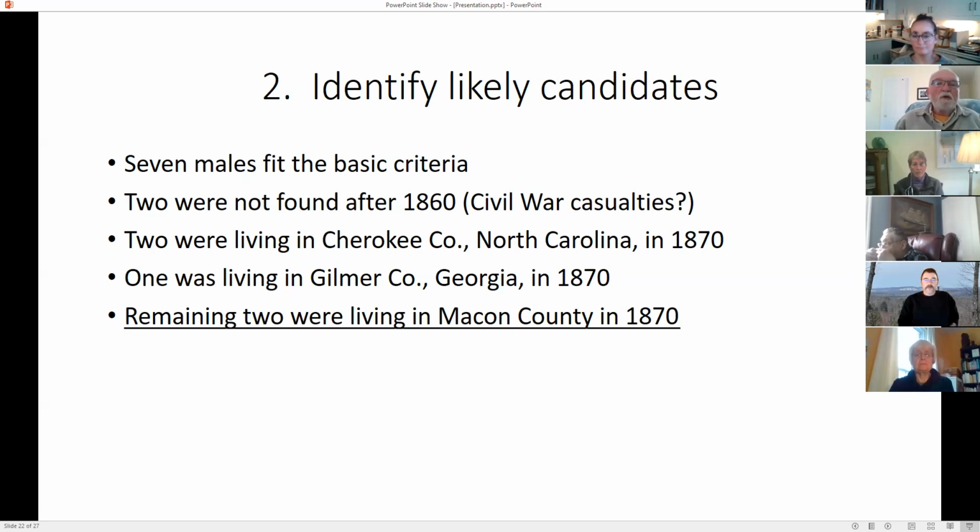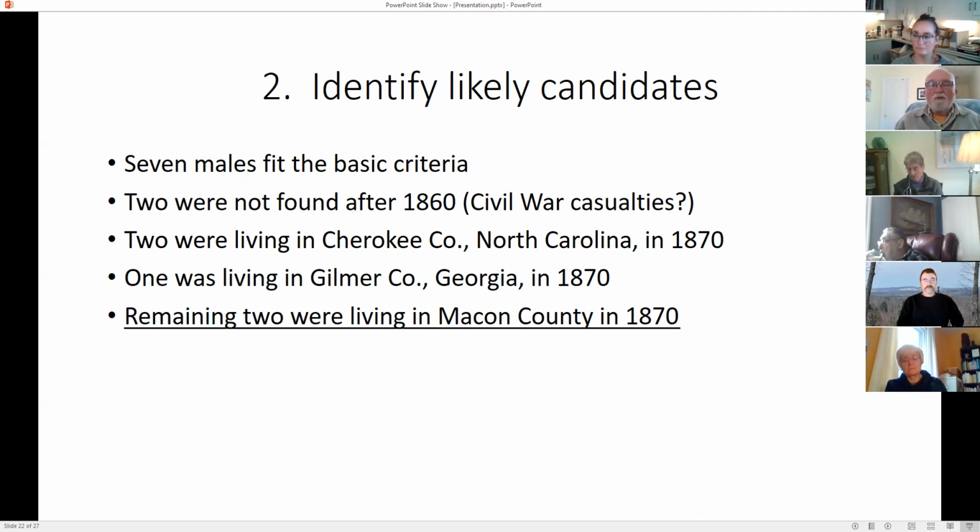2 were living in Cherokee County, North Carolina, which is the next county over toward the west. And the one was living in Gilmer County, Georgia, which sounds like, oh, that must be very far. But if you remember the map, Macon County is right on the line. Below that line is Georgia, and Gilmer County is 2 counties away from Macon.